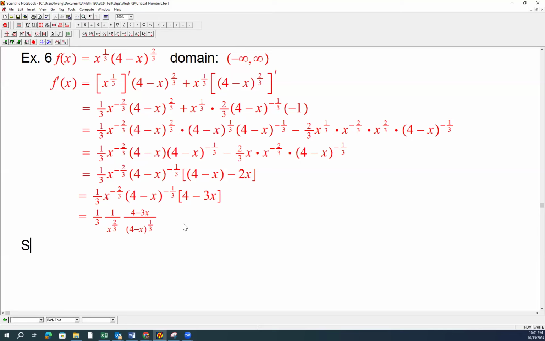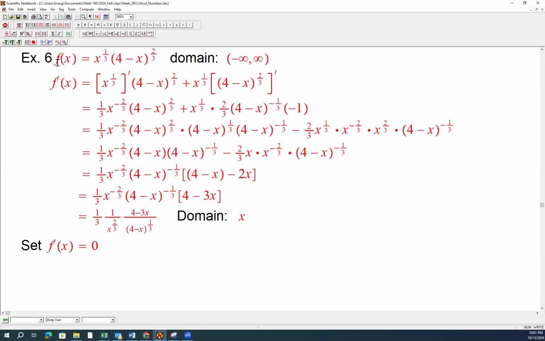So now we're going to set the derivative function equal to 0. Oh, before we do that, let's check out the domain. What's the domain for this case? Well, the denominator cannot be 0, so x cannot be 0.